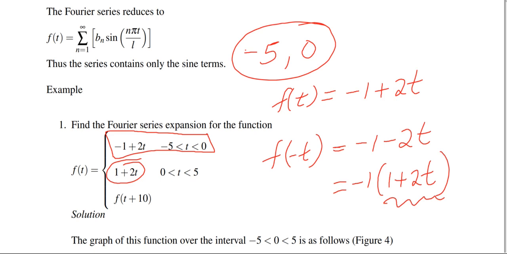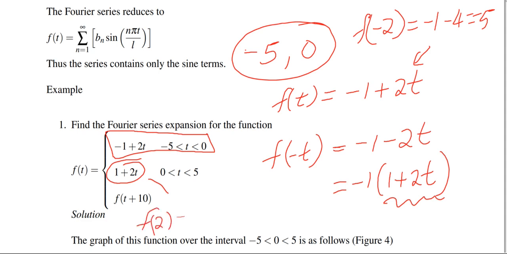We can pick a value like minus 2 in the first interval, so that we substitute minus 2 here. So we get f of minus 2 is equal to minus 1 minus 4, which is minus 5. Then in this other interval we substitute 2, so we write f of 2 is equal to 1 plus 4, which is 5. We see the magnitude is the same.